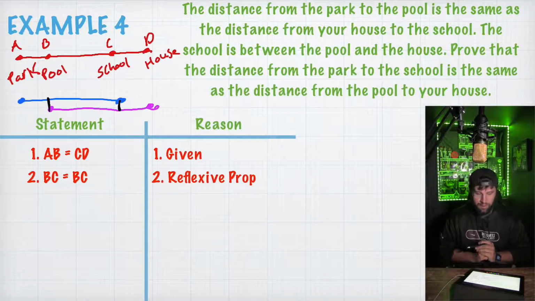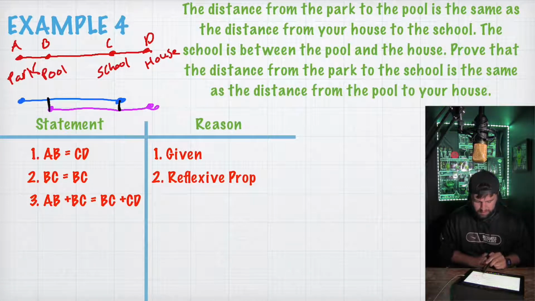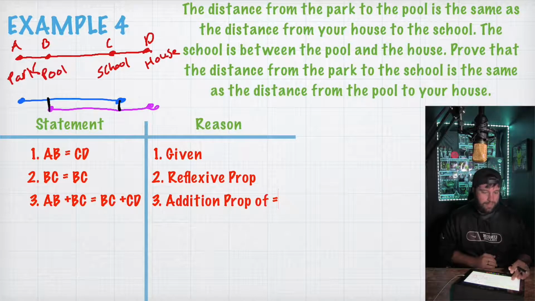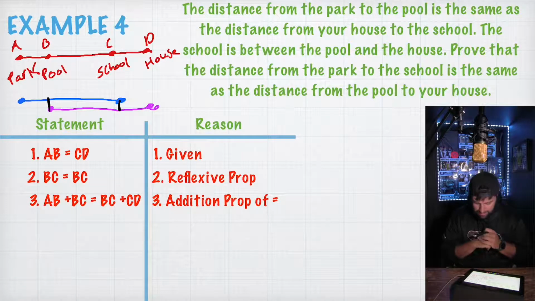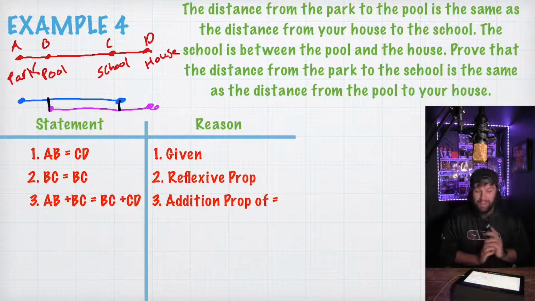So let's add BC to each side. AB plus BC equals BC plus CD. And that would be the segment addition... no, sorry, the addition property of equality. My bad. Because we added the same thing to each side of the equation, that is the addition property of equality.